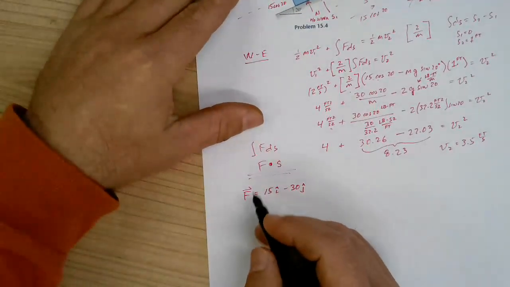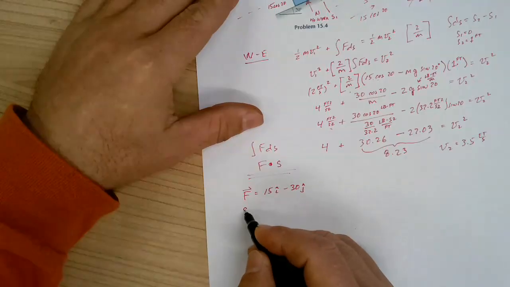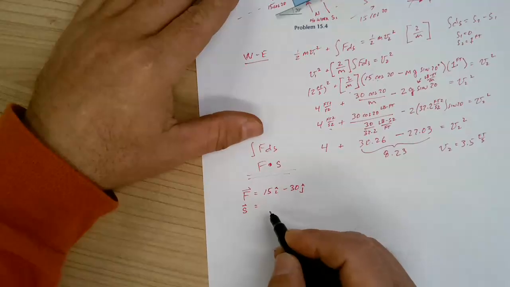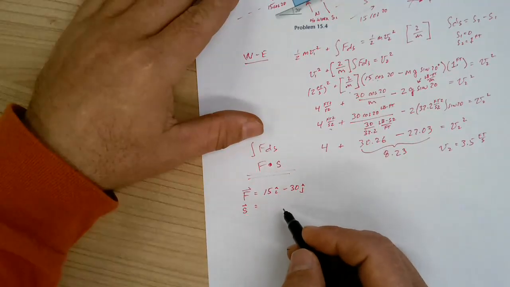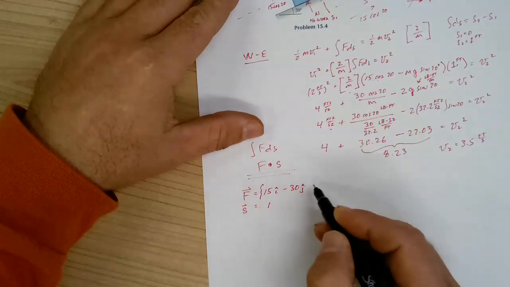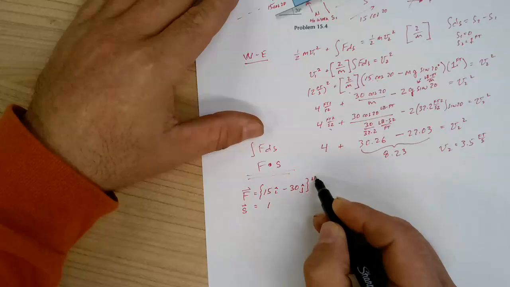15I minus 30J. And then if I write S as a vector, it moves up the ramp 1 foot, with units of pounds for the force.